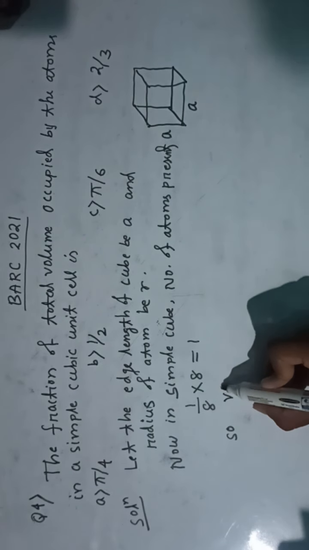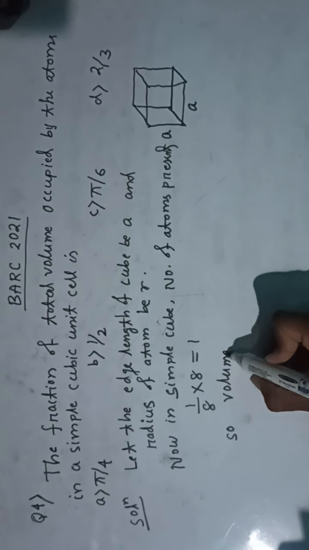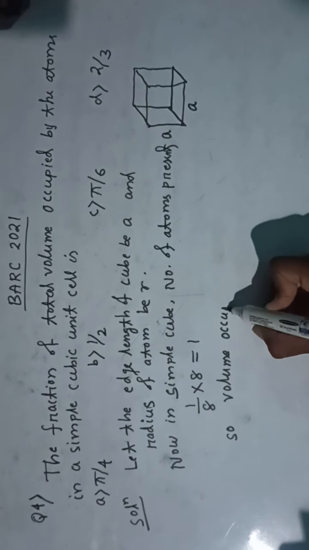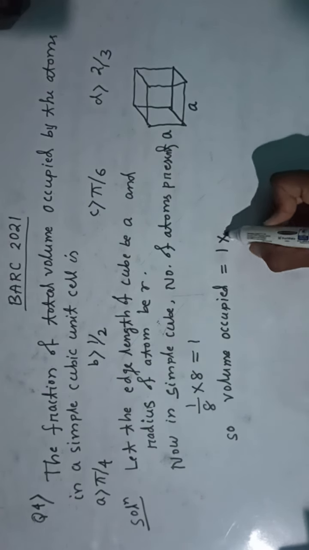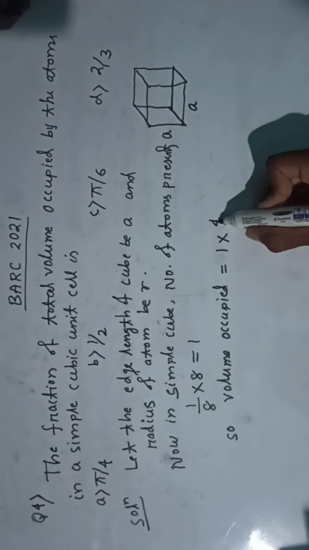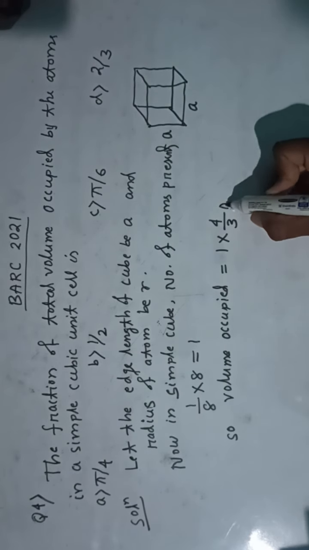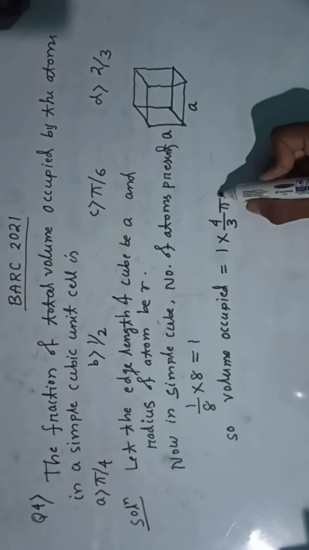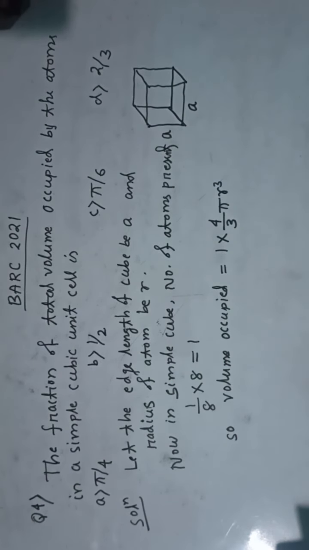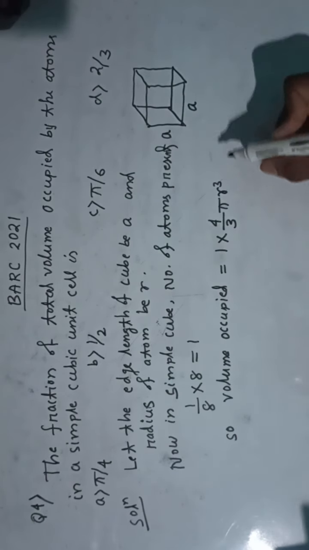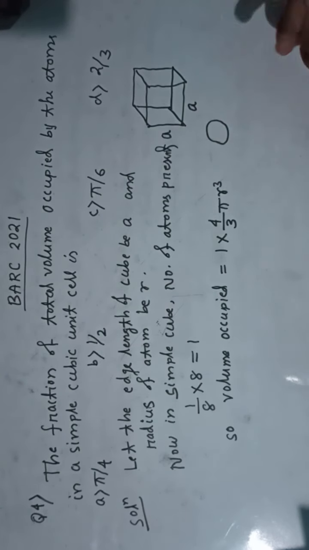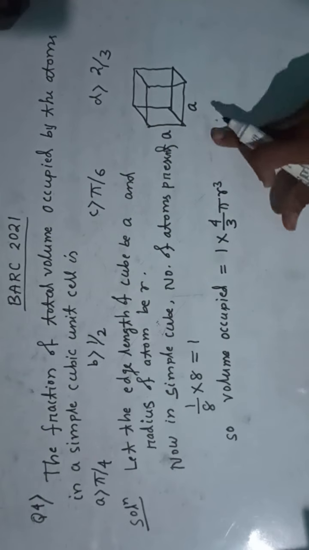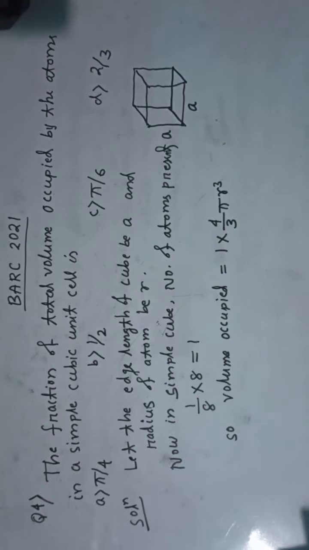The volume occupied: atom is spherical in nature, so the volume of 1 atom will be 1 into 4/3 pi r cube.